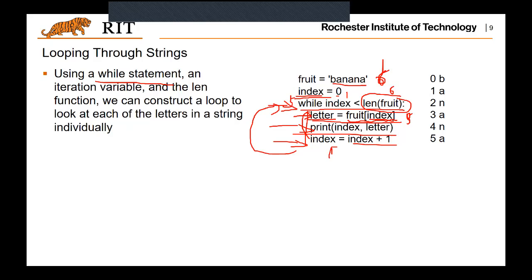Now index becomes 6, and then we go back here. Now index is 6. Is 6 smaller than 6? No. Okay, we finish this while loop, and the code over here will not be executed. That is what is exactly executed and what the output looks like.